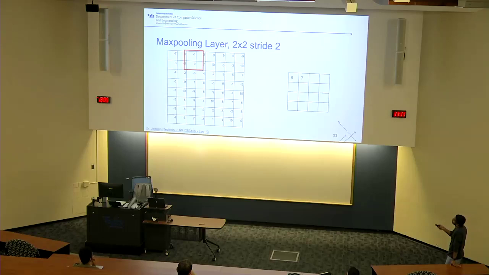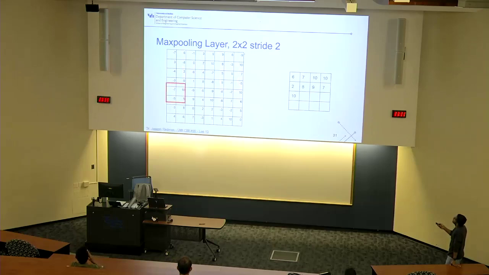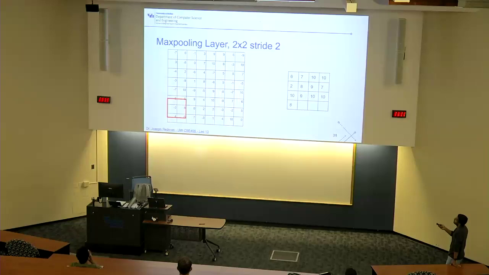My boxes are a bit off, but that's the 7 from these 4 that it's picked up. And then stride of 2 again. So we looked at these 2. Next, we're going to look at these 2. I'll have to fix my boxes a bit, but here the largest value is a 10. And we keep doing that, and that gives you a downsampled version of the feature map that preserves the strongest responses.